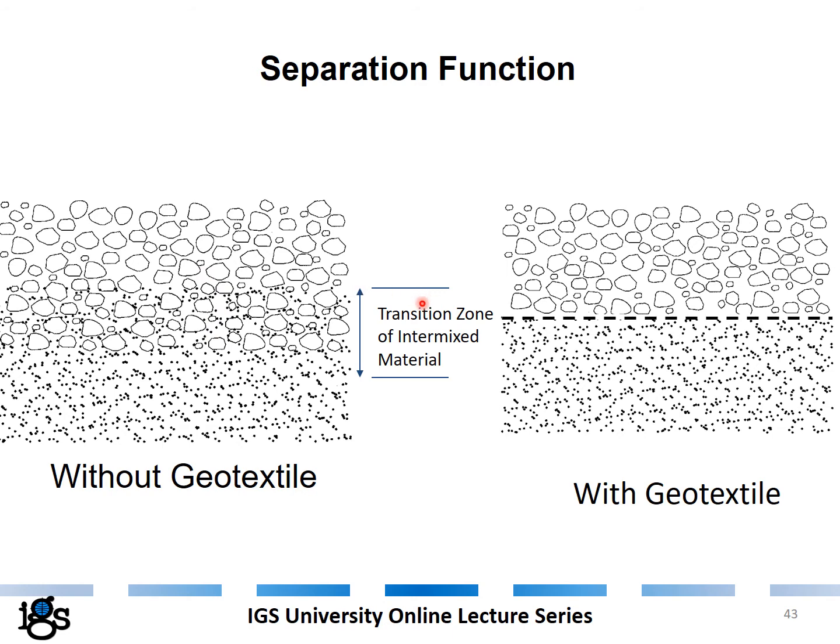Thereby, a transition zone of intermixed material is created that reduces the thickness of the base course from its design value to a lower value. So obviously the performance of the base course will be not as good. And therefore, placing a simple separation geotextile helps this base course to serve its function for many more years.